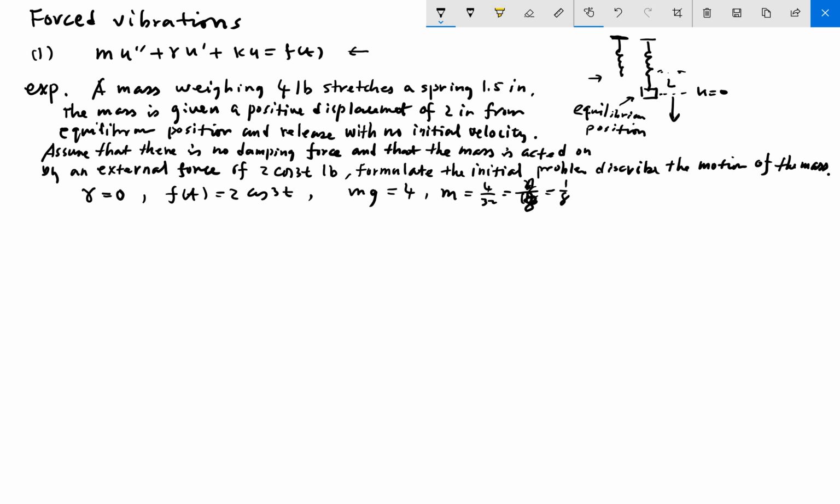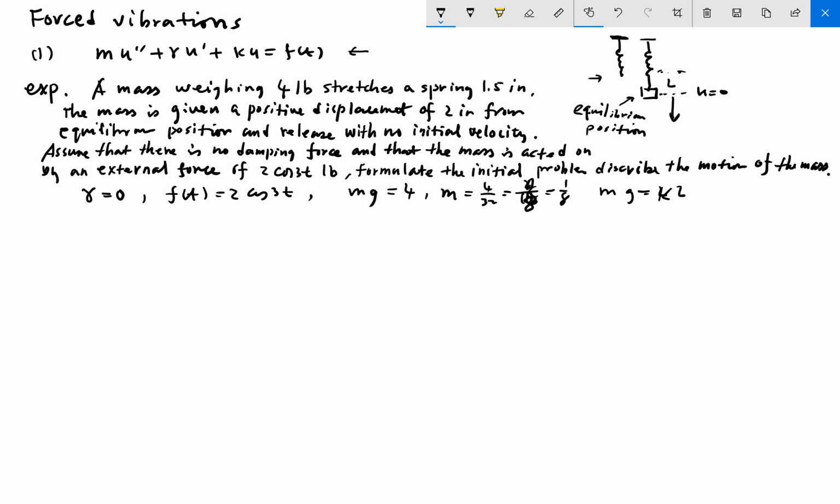One more thing we need to find is k. Remember, at the equilibrium position, mg equals k times L. At the equilibrium position, the restoring force is k times L. They stretch the spring from its natural length by L. And mg is the gravitational force. Those two forces are equal, so you get an equilibrium position.